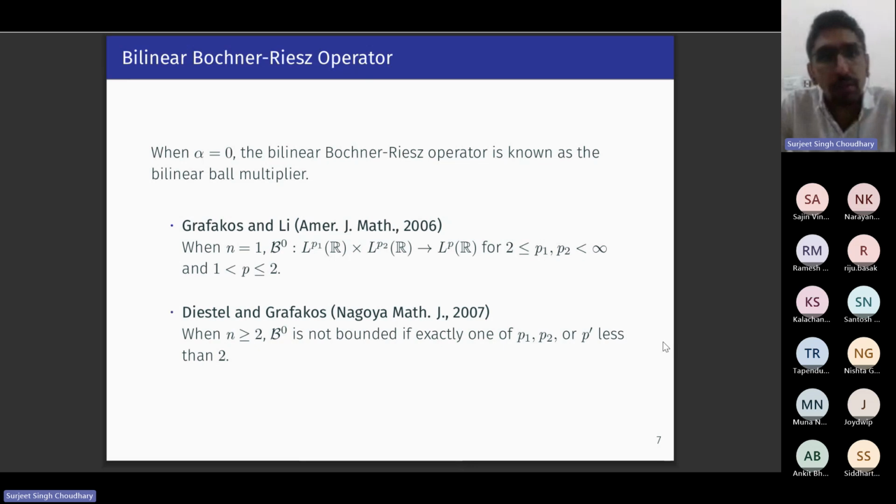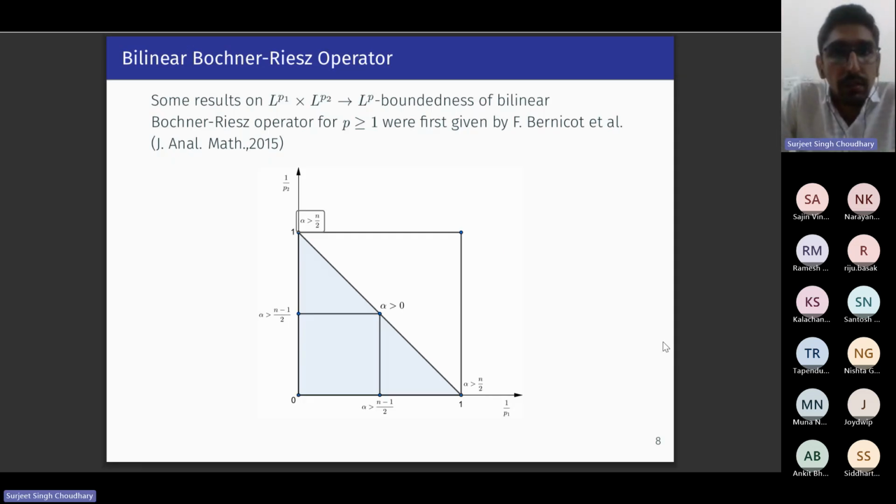So again, the question is what happens when alpha is between 0 and n minus half. The first boundedness result was given by Bernicot, Grafakos, and others in 2015. They obtained boundedness at particular points.